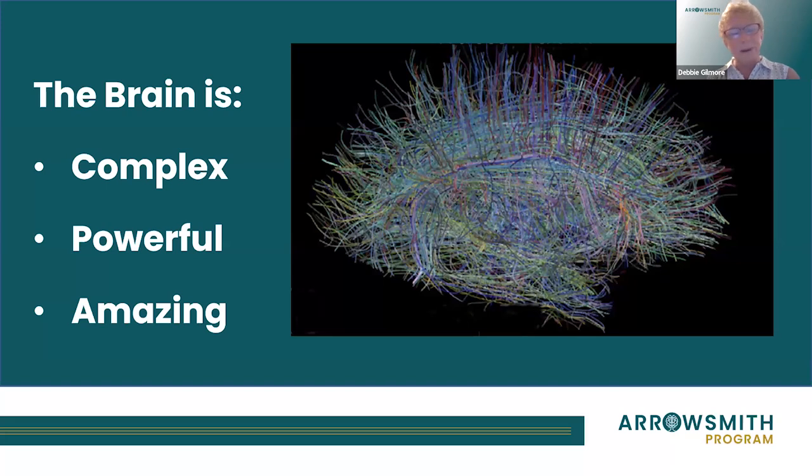It is complex. It's very, very powerful. And we know more now about the brain than we ever did before in history. And even with all of the knowledge that we have, it's oh so very little. The brain is so complex that we really have a very small insight into what the brain can do.